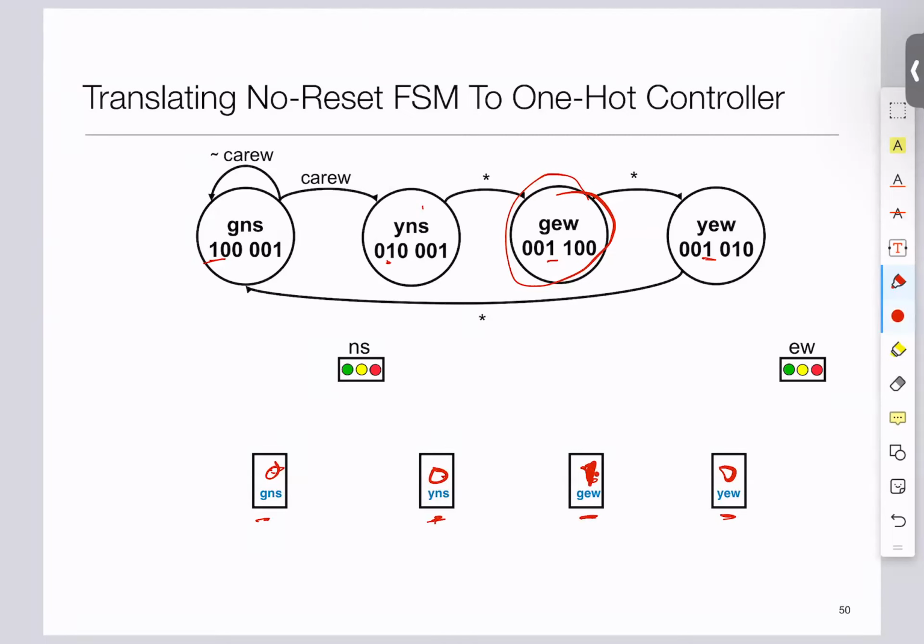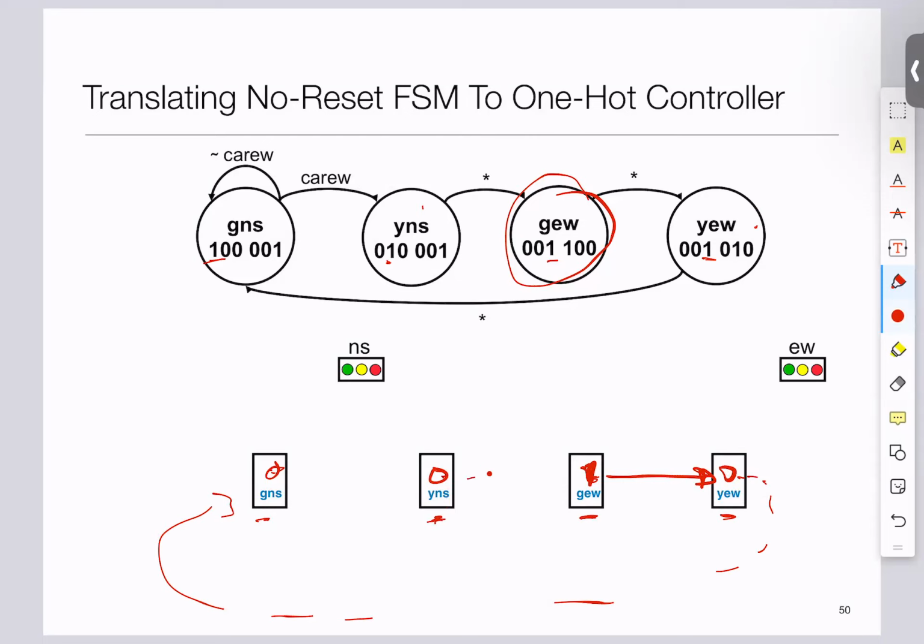So I just need to move this one into the next flip-flop. So you can say output of this guy connects to this guy, because the 1 will move there. Likewise, when I'm in YEW, the 1 has to move from this guy out here, but there's going to be some additional complexity we'll shortly see.